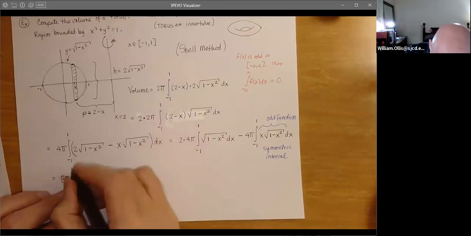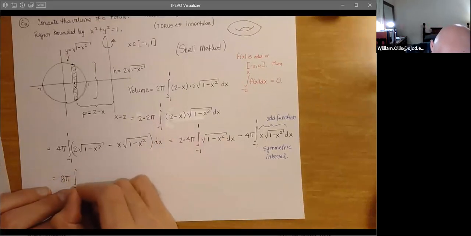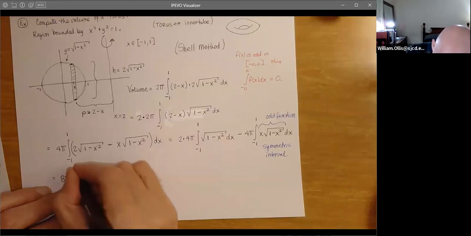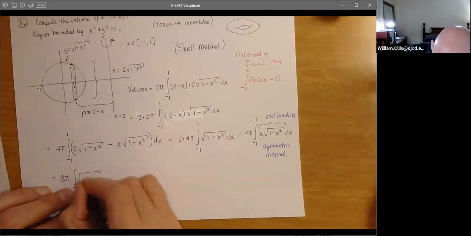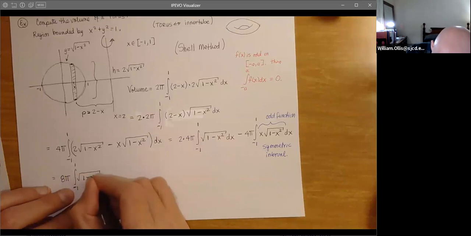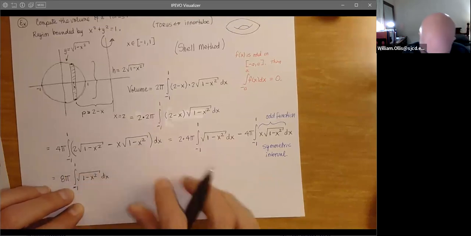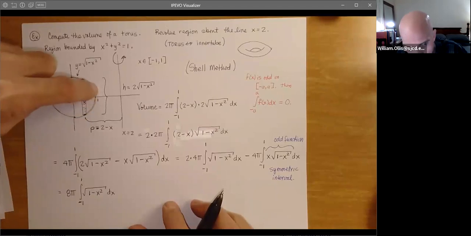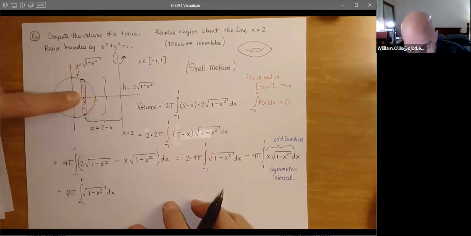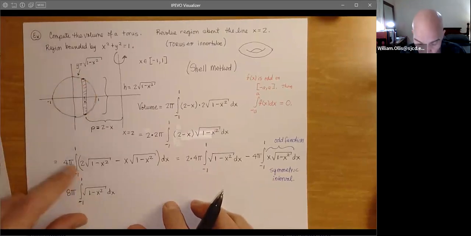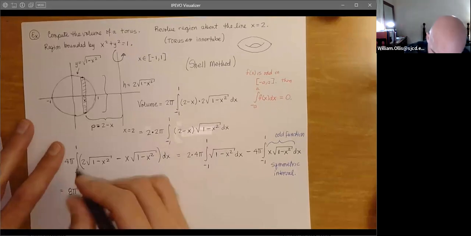Now this, we're going to have to write down what that is. That's just the area of part of a circle. Note that this is just this curve here to here. So the area below the curve above the x-axis, this integral is just half the area of the unit circle.